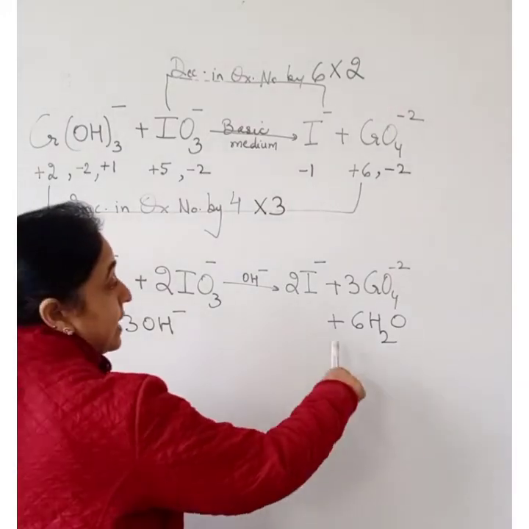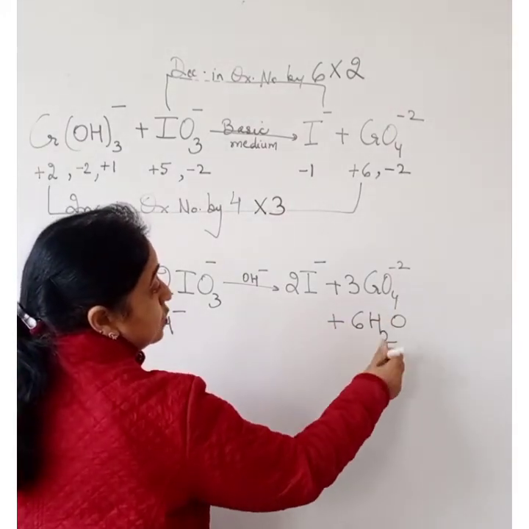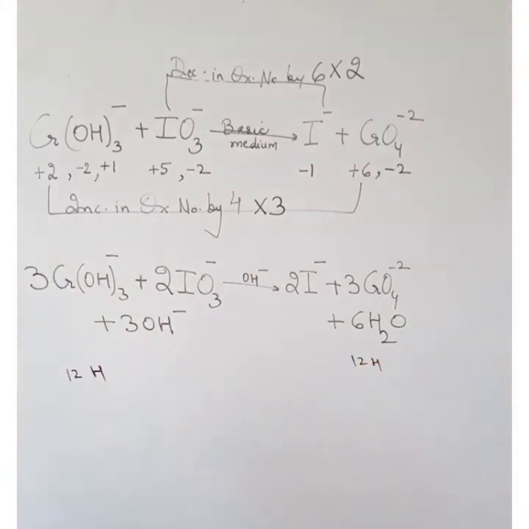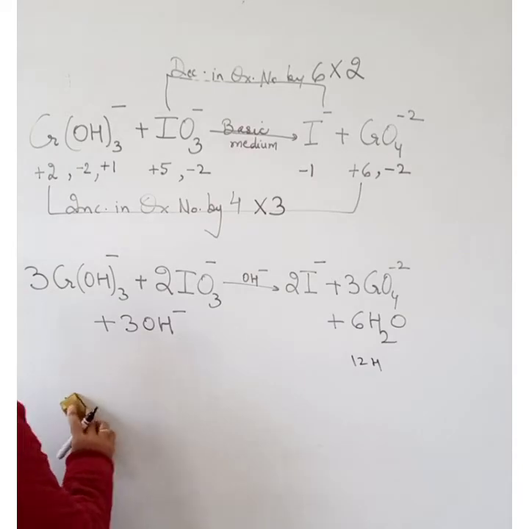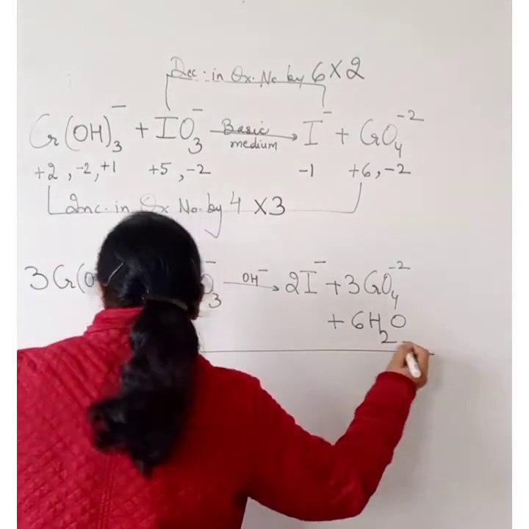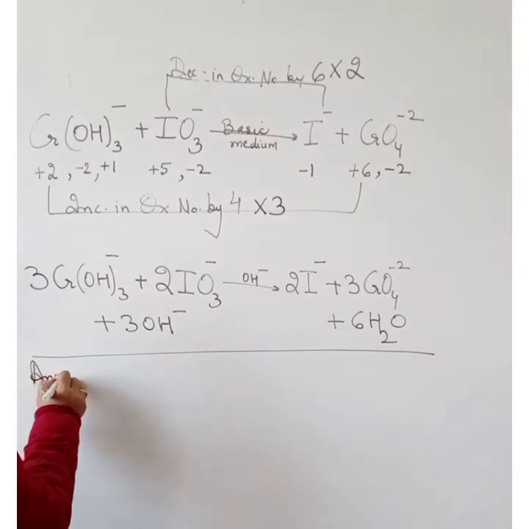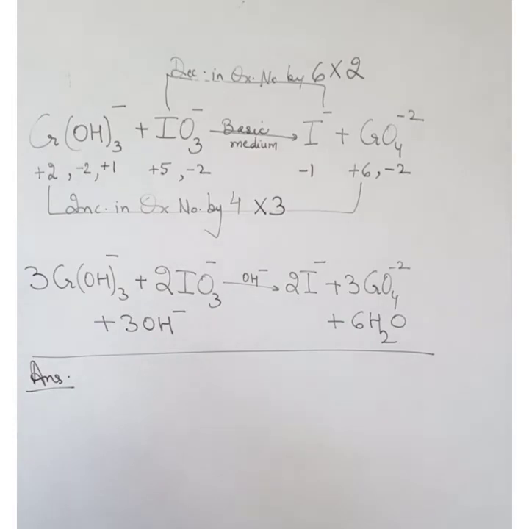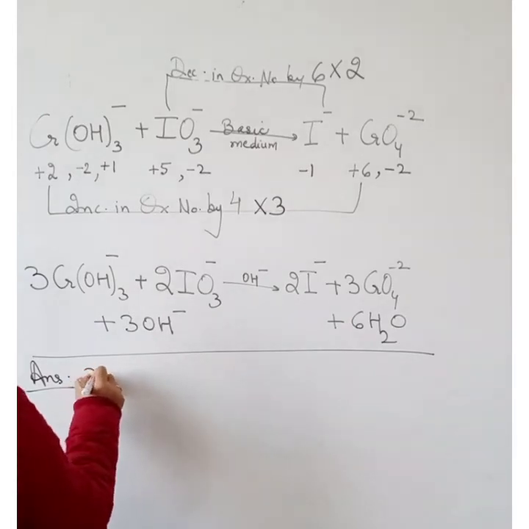Now let us see on the right hand side. 6 2s are 12 hydrogen. That means the hydrogen atoms are balanced on both the sides and we don't need to put any other effort for balancing them, and put down the final answer. If you find any similar terms on both the sides, you can cross cancel it.